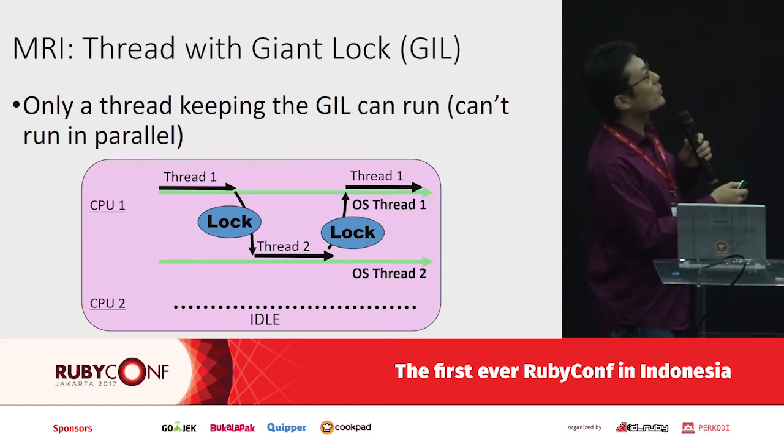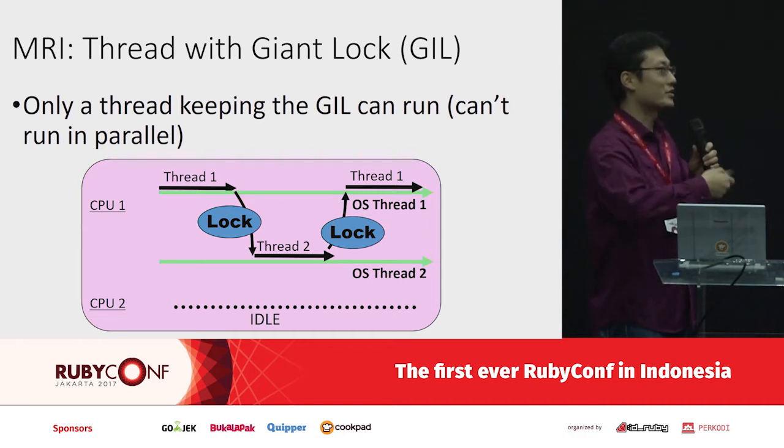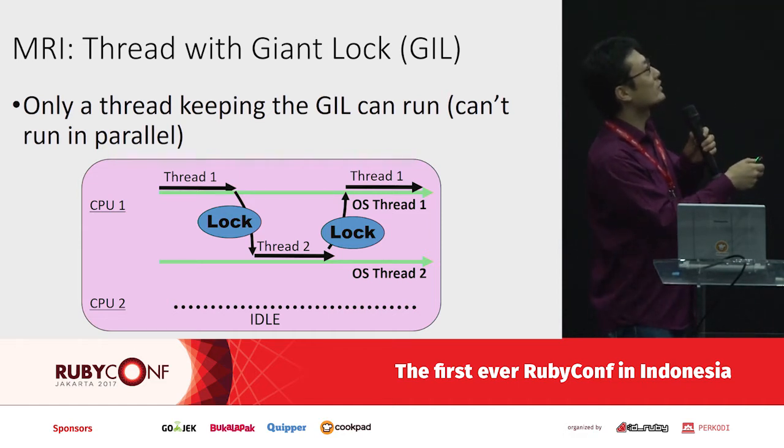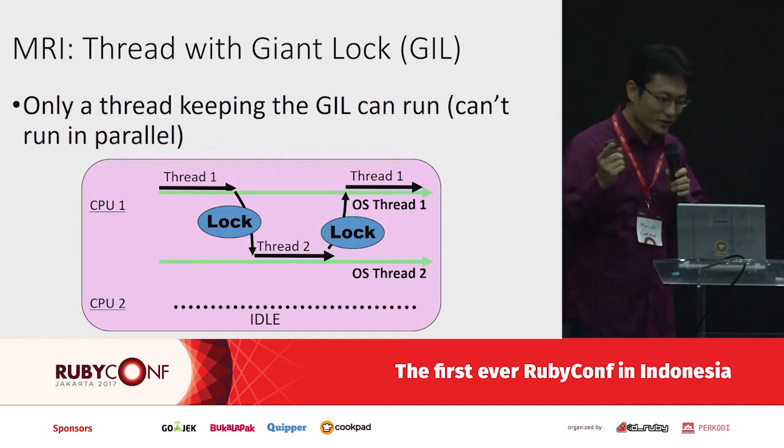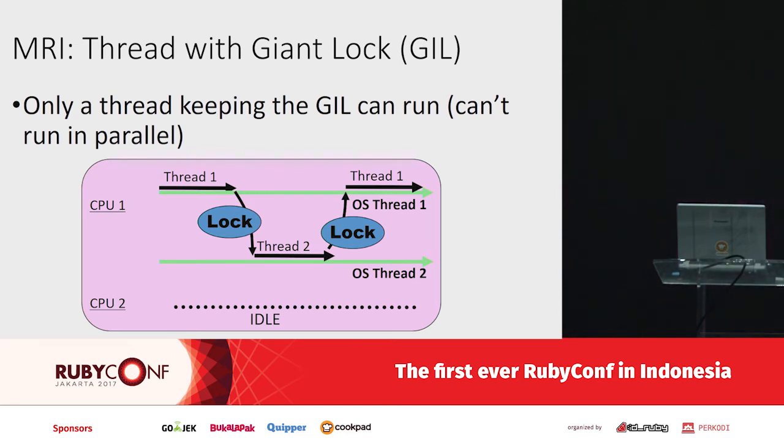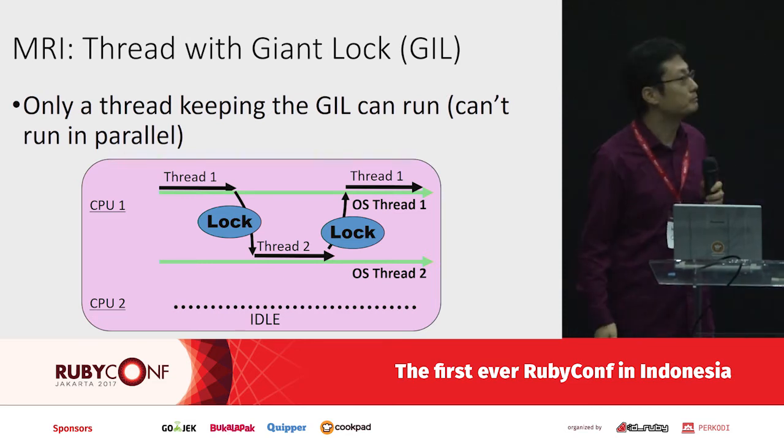Only the thread that has the giant lock can run. For example, thread 1 has the lock, so thread 1 can run. But after that it passes the lock to thread 2, and thread 2 can run, and so on. So only one thread can run at the same time in one Ruby process.